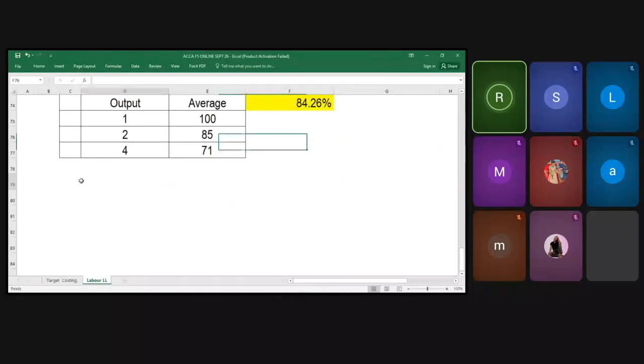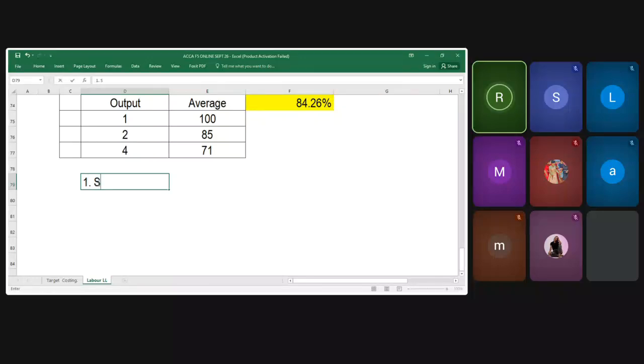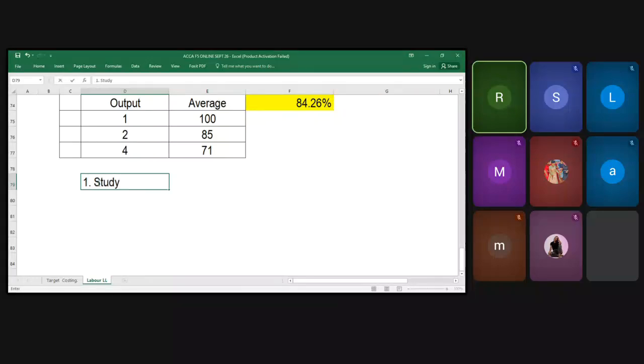For your practice, you go to Kaplan. First of all, for everything that we've covered, this is the order. First of all, StudyHub, all questions on StudyHub. Number 2, go to Kaplan Kit, all questions. And then 3, there's a question bank.